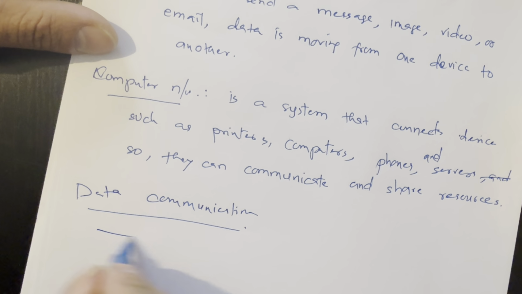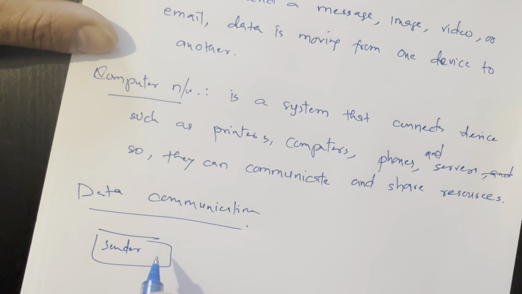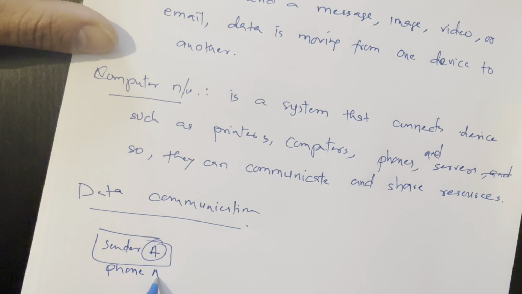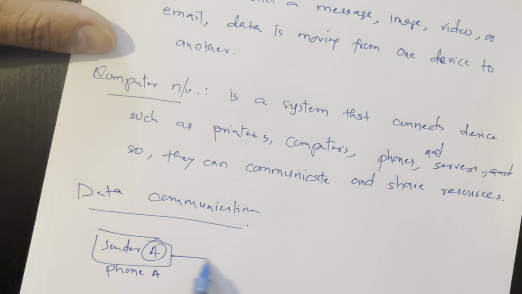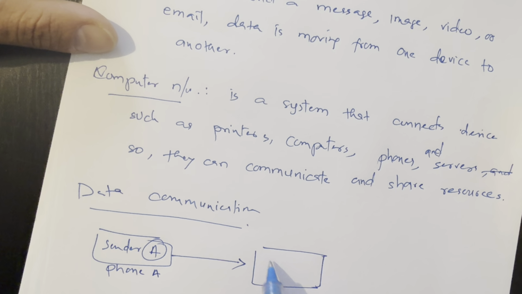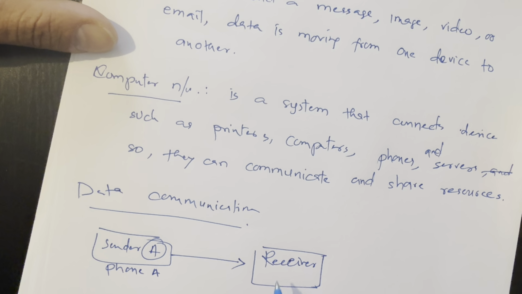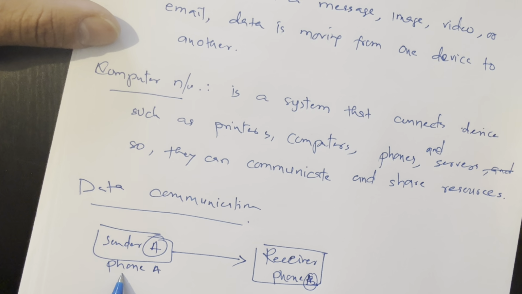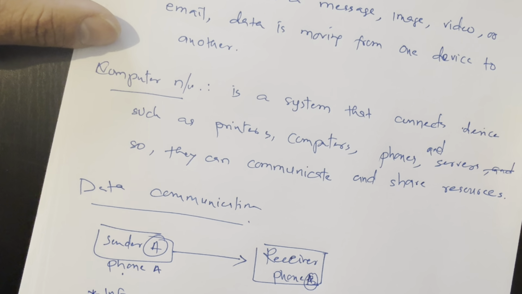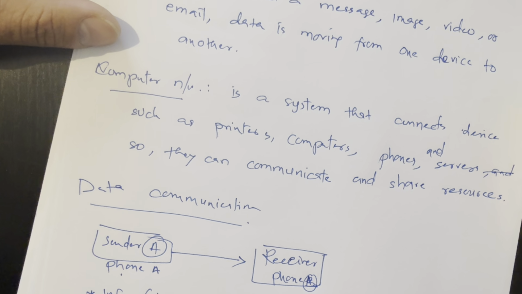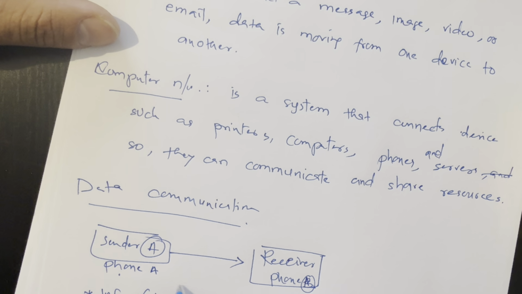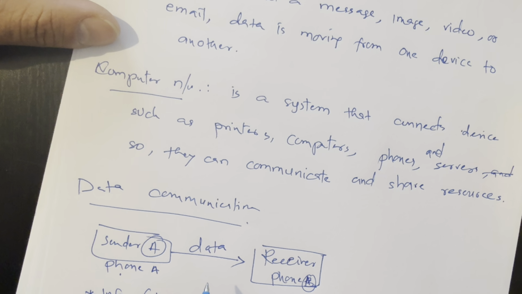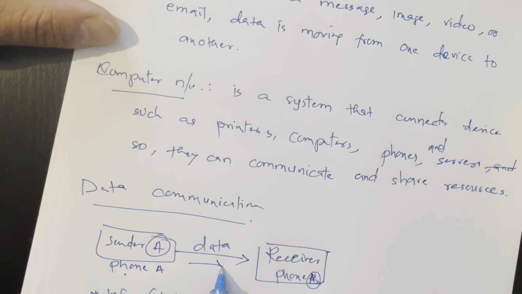Let's assume there is a sender, phone A, and the data has to travel to the receiver, let's say phone B. The sender creates the information, and that information can be text, image, video, voice, or email, and it travels through a communication channel.